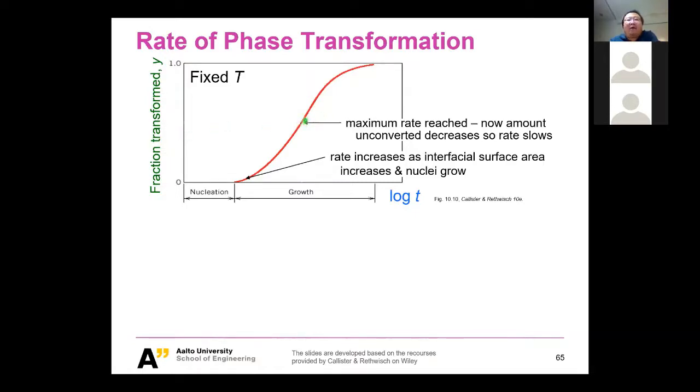After that point, the transformation becomes very, very slow. The rate keeps getting slower until you reach 100% of phase transformation. This is typical behavior for the rate of phase transformation. And of course, the x-axis, which I didn't mention specifically, is time. Usually we use a logarithmic version of it because the time is pretty long.